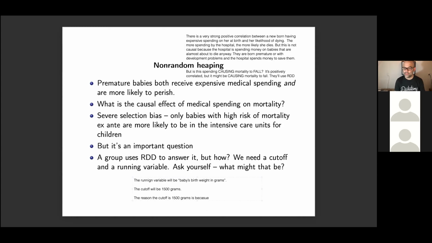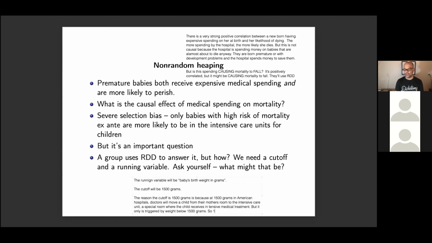The reason the cutoff is 1,500 grams is because at 1,500 grams in American hospitals, doctors will move a child from their mother's room to the intensive care unit, a special room where the child receives intensive medical treatment, but it only is triggered by weight below 1,500 grams.